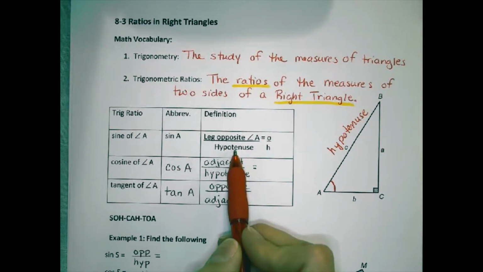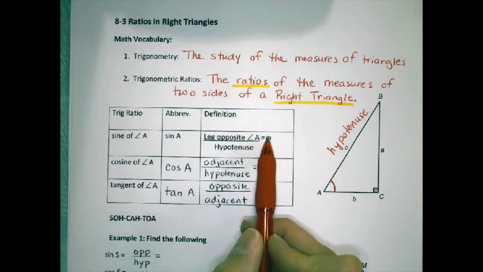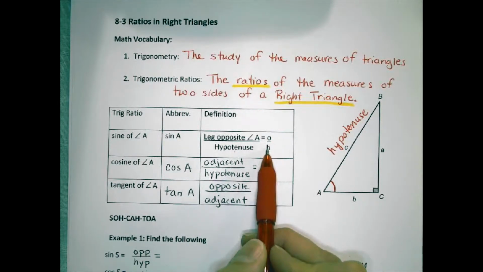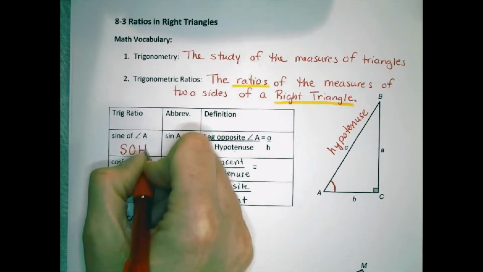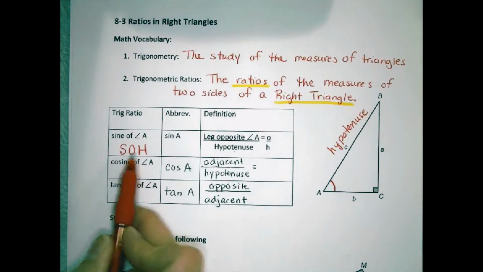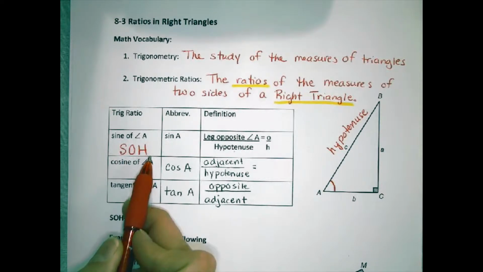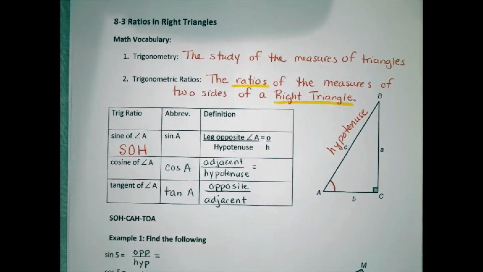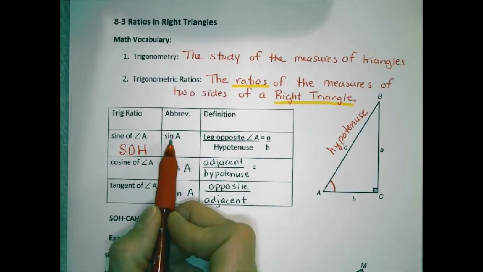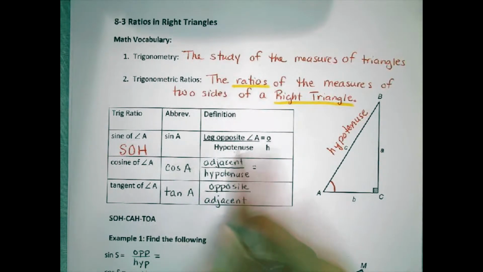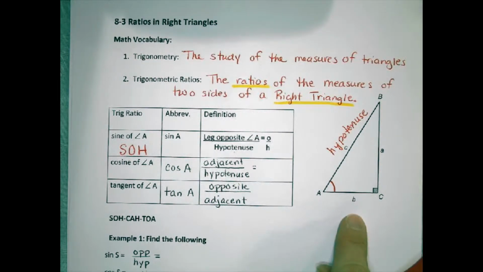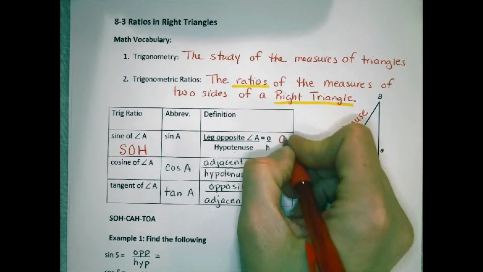It is sometimes abbreviated O over H, which gives us SOH. Sine is opposite over hypotenuse, and we call that SO. When writing sine, we actually abbreviate it without the E, so it looks like sin A.